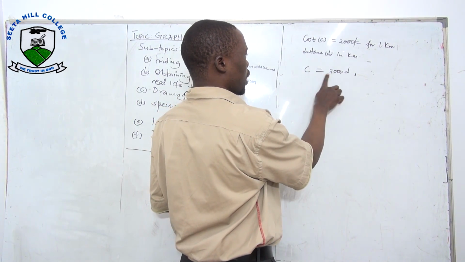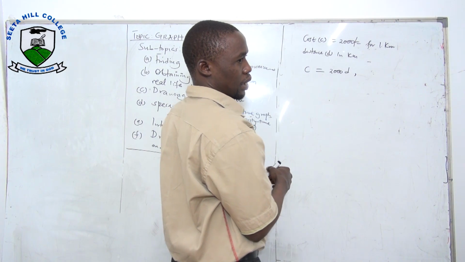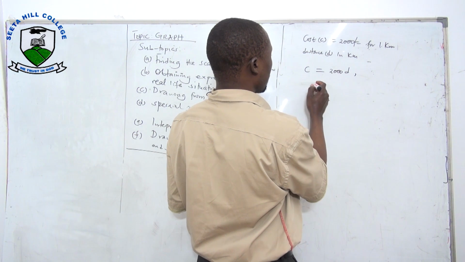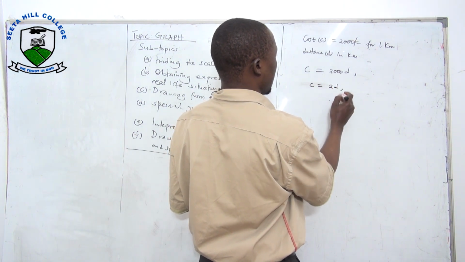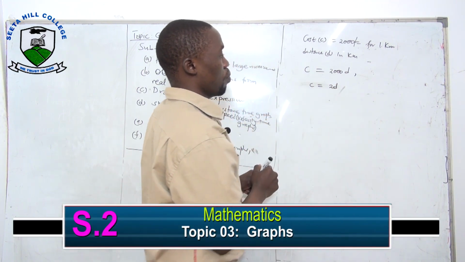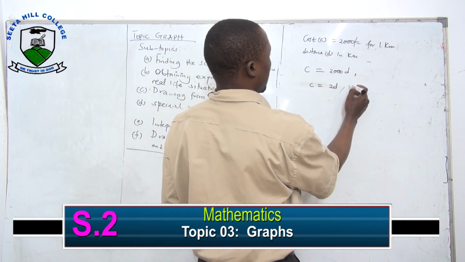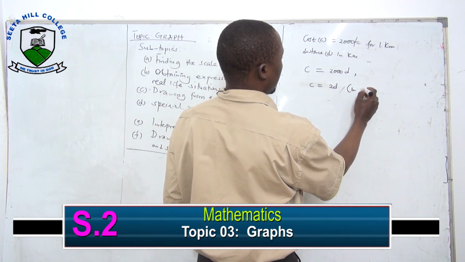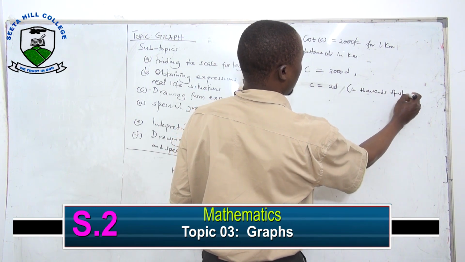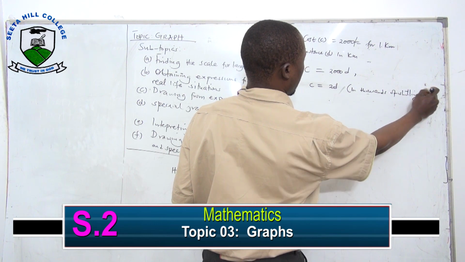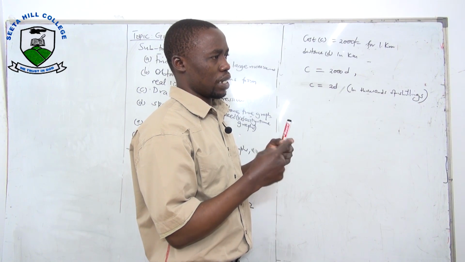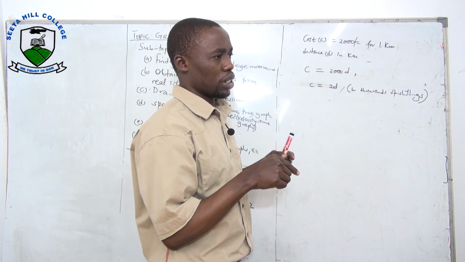We can express the cost in thousands, and we say that the cost can now be 2D, and on our graph paper, it will now be in thousands of what? Shillings. That means I've catered for zeros. That means whenever I'm handling the cost, I'll be multiplying by what?